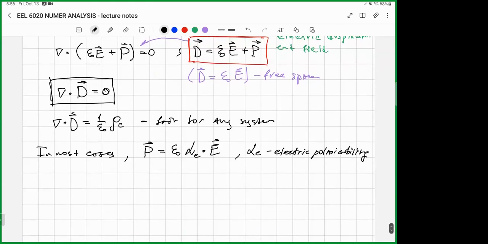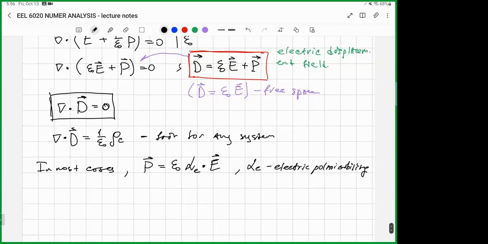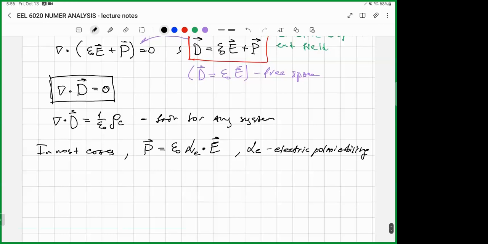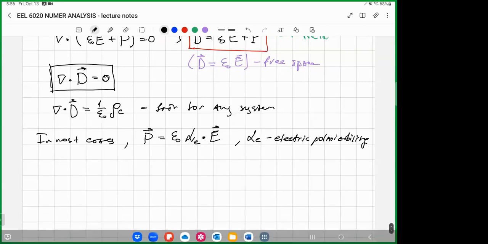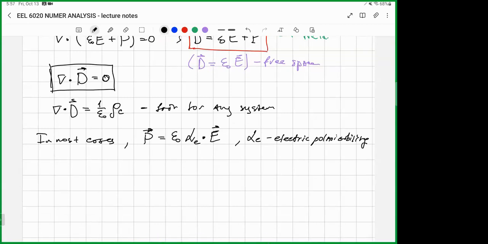It's a function of the type of matter, of frequency, and other parameters. It doesn't depend on the electric field. It describes the material, the matter itself.